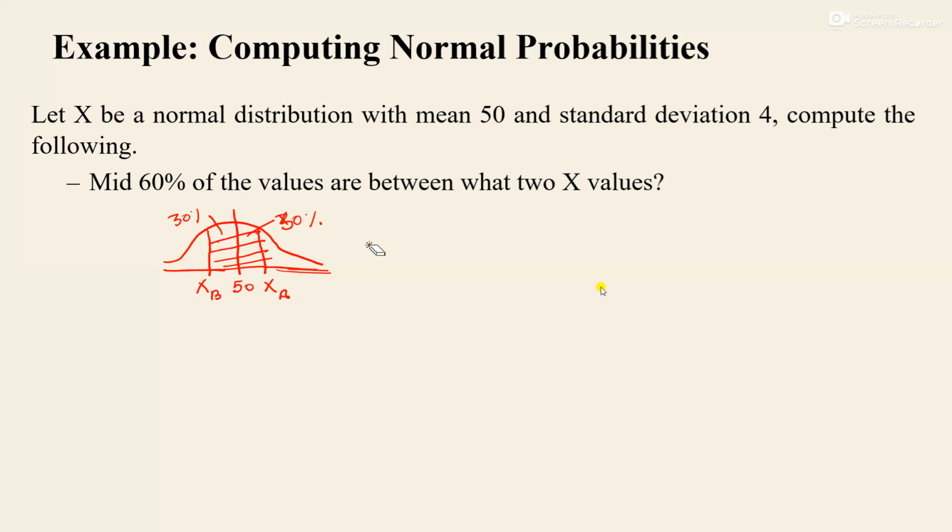So the probability of X less than XA is equal to 0.30. Now you draw the corresponding Z diagram.